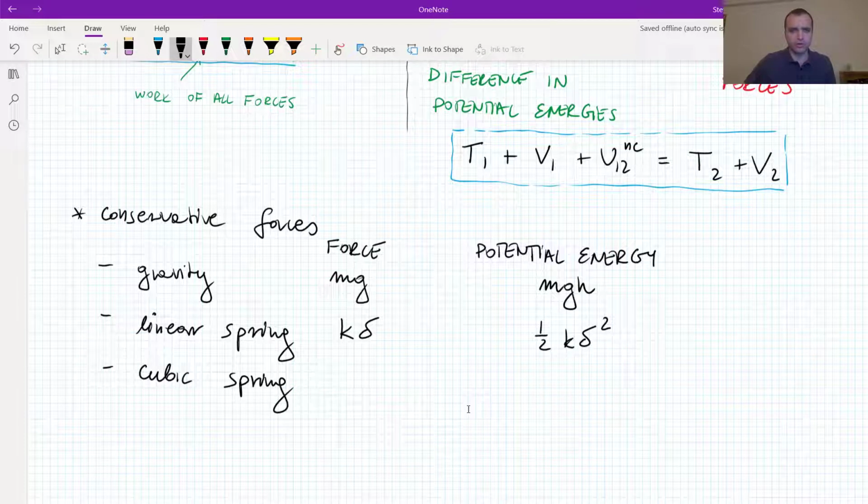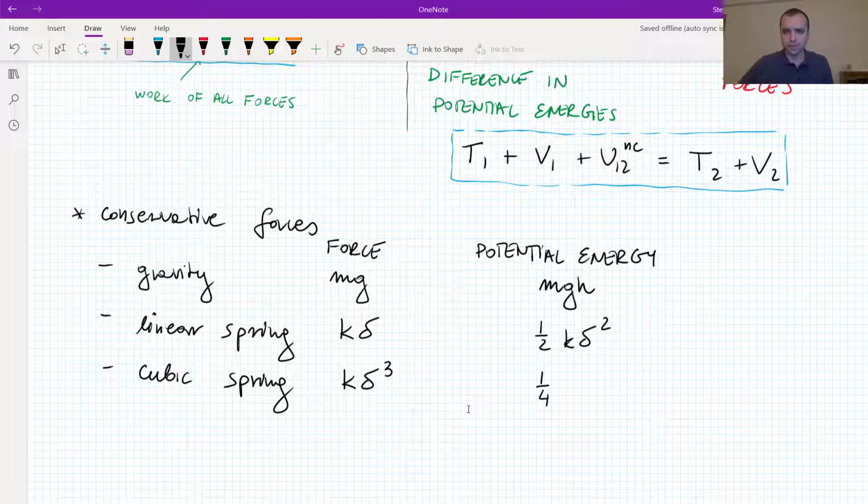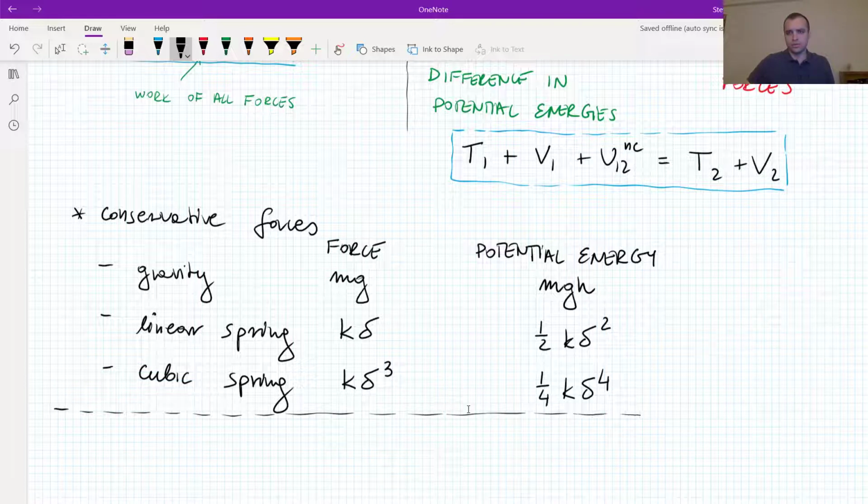The force associated with such a spring is k delta cubed, and the potential energy is 1/4 k delta to the power of 4. I believe that only these three forces are conservative in this course.